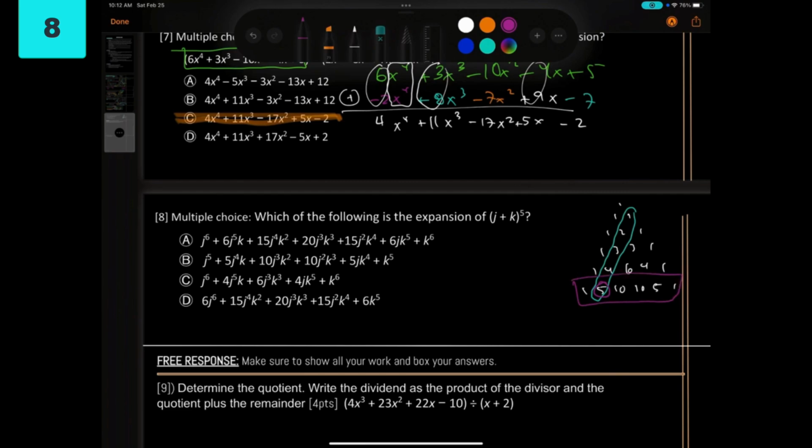So 1, 5, 10, 10, 5, 1 is what I need. And so the only option of that one is B. You'll notice that's correct because you have 5 on the J's, counting down 3, 2, 1, and then this is J to the 0. And then you'll also notice that it's counting up from the K. So K to the 0, K to the 1, 2, 3, 4, 5.